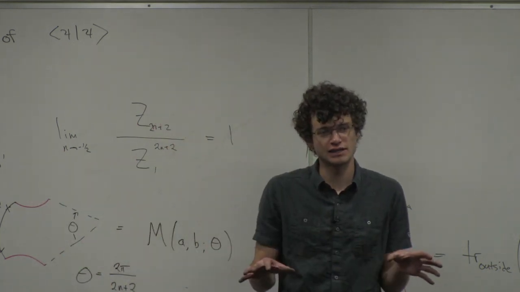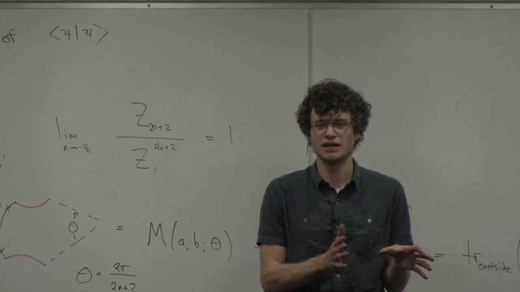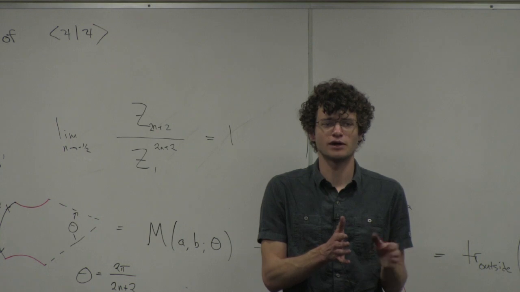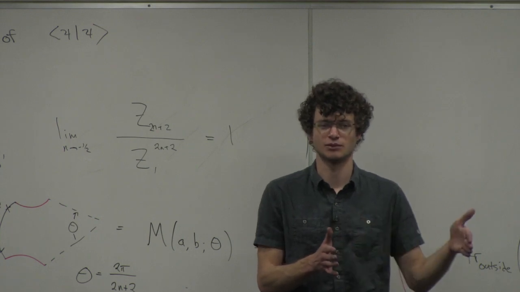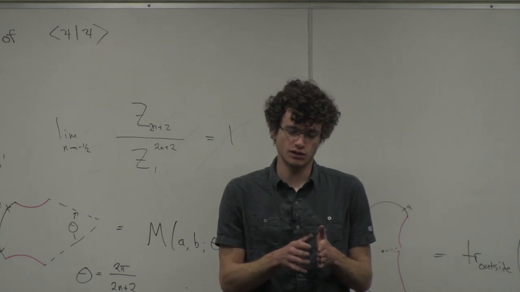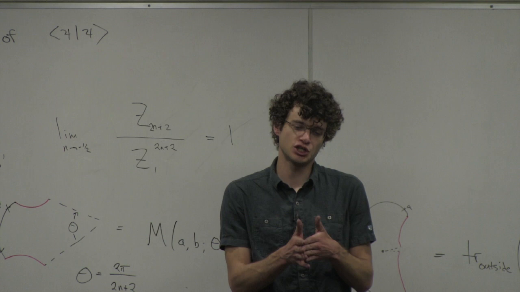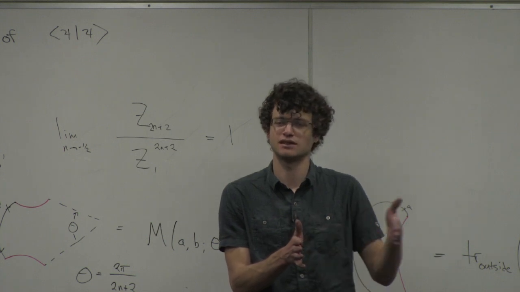The field theory analysis is asking about a different type of Petz map. It's a Petz map for the channel where you trace out the region outside the entanglement wedge. So it says that the reconstruction succeeds as well as a Petz map for a channel where you trace out the region outside the entanglement wedge.